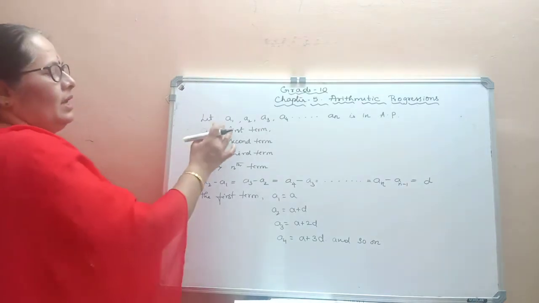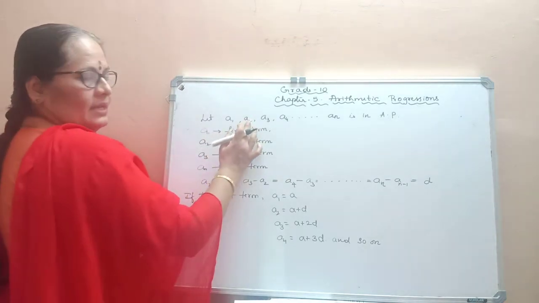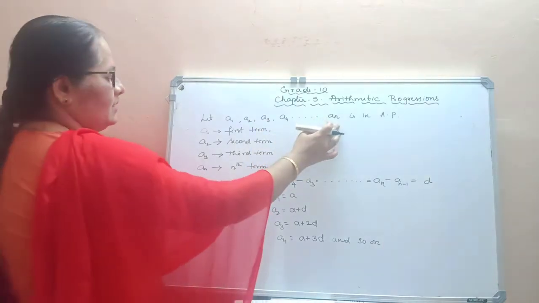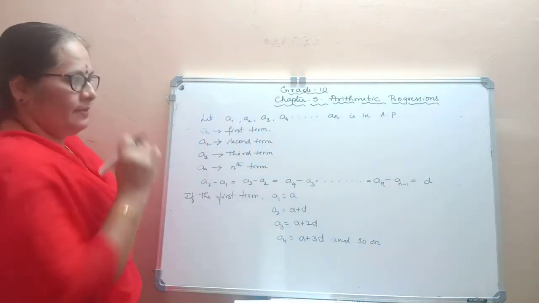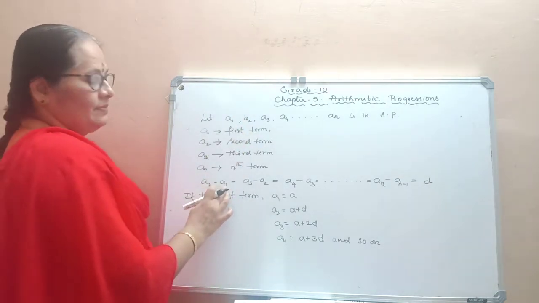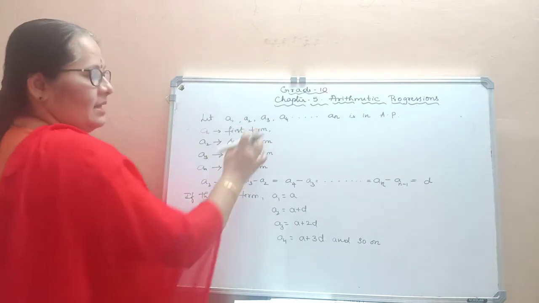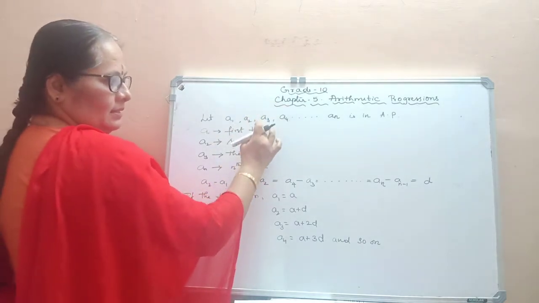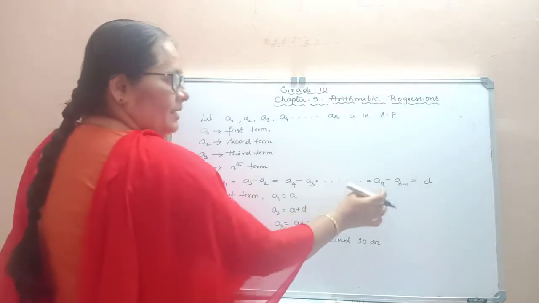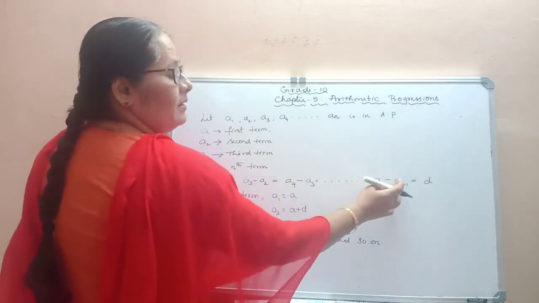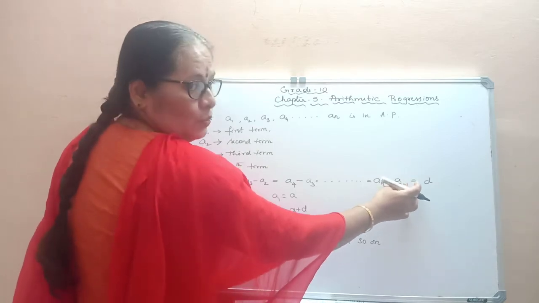Okay, now A1 is the first term, A2 second term, third term, fourth term up to the nth term, that is An. Now we find the difference. A2 minus A1, second term minus first term. Similarly, third term minus second term, fourth term minus third term, like this up to the nth term. What is the previous term of this nth term? A n minus 1.